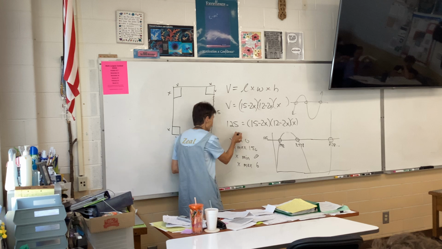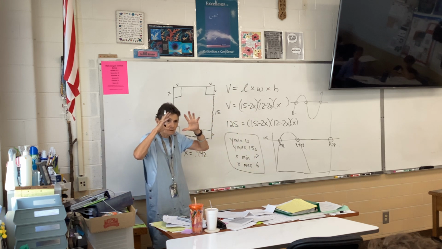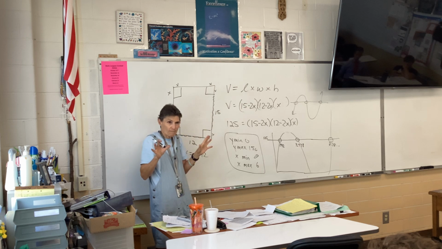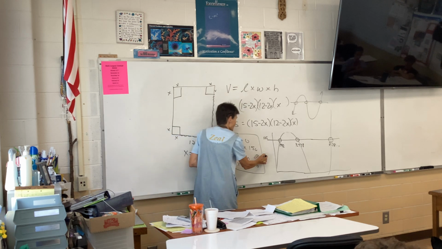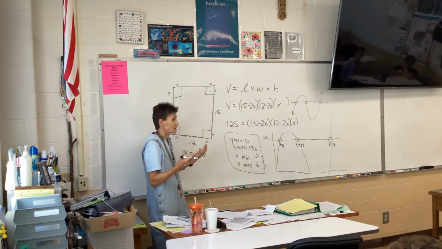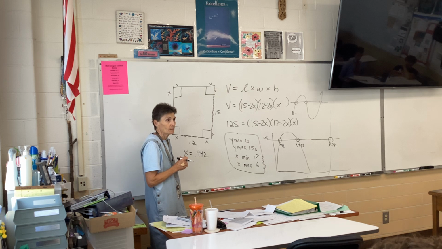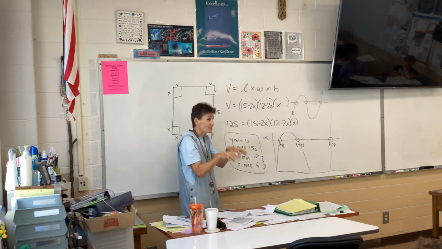And to avoid confusion, I like to set my window up logically, so I don't need to worry about all that stuff, okay? This, by the way, 0 to 6, that's called the domain of the problem. Those are the possible x values of the problem. Anything beyond that doesn't make sense in this context.